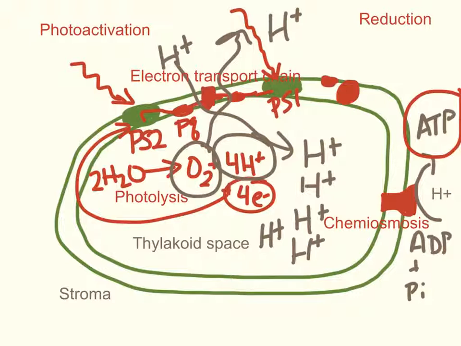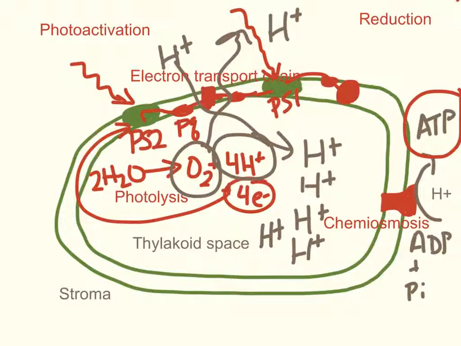So as this electron passes along the carriers within photosystem 1, the end will be ferredoxin, a protein that's located outside the thylakoid, and then this will join to a molecule called NADP reductase.